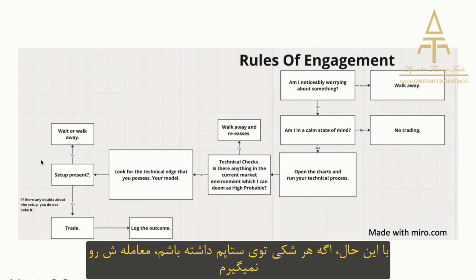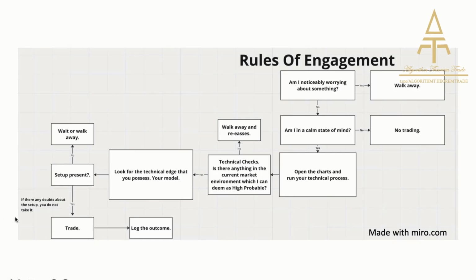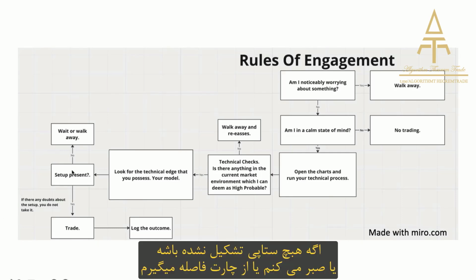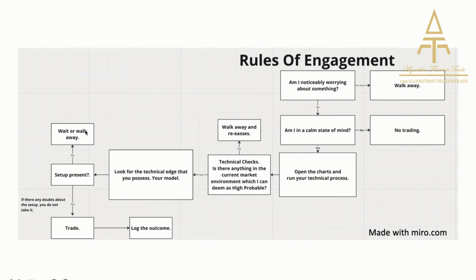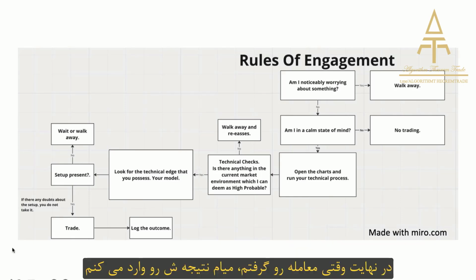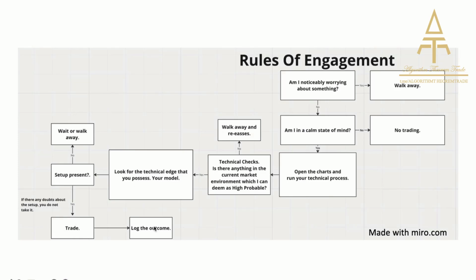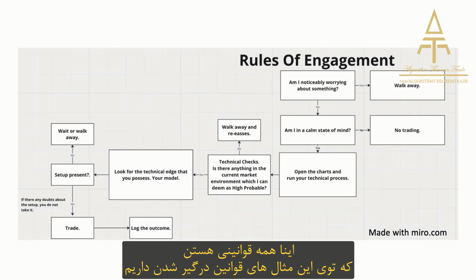However, if there are any doubts about the setup, I do not take it. If there is no setup present, I wait or walk away. Eventually, after the trade gets taken, I will log the outcome. These are all the rules that are present within this example of rules of engagement.